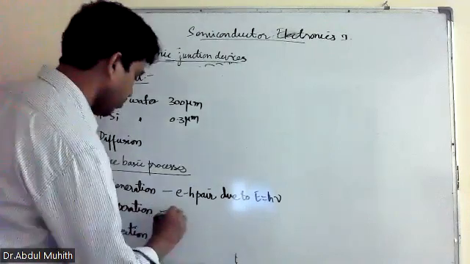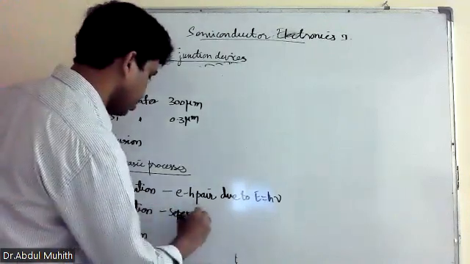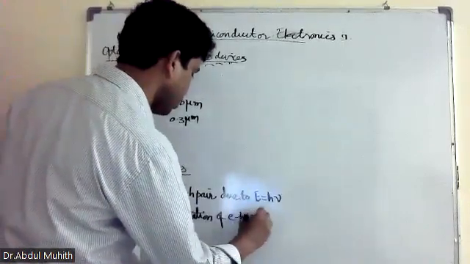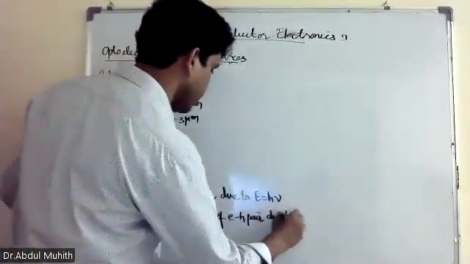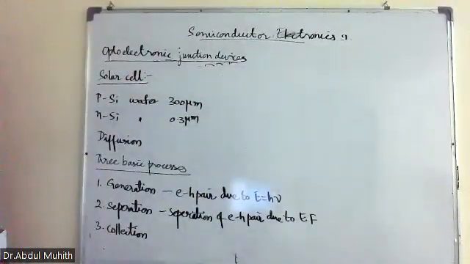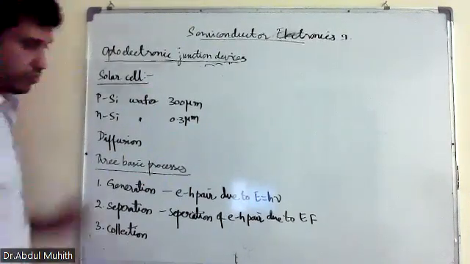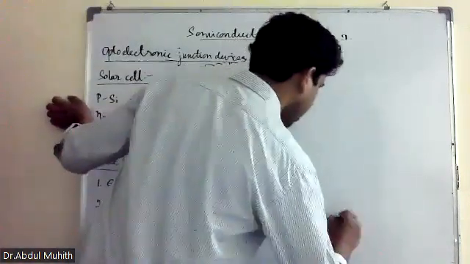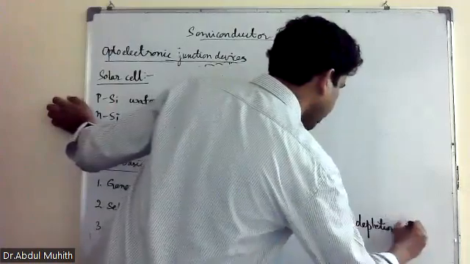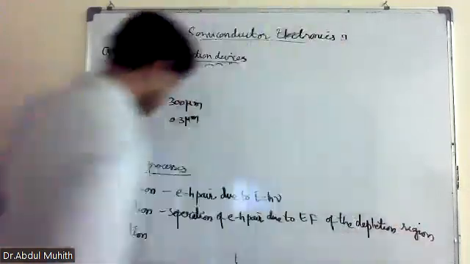Here, separation of the electron hole pair is due to the electric field of the depletion region.